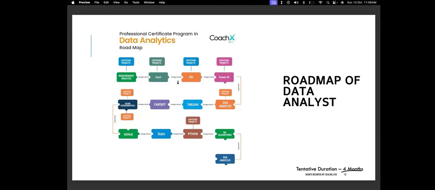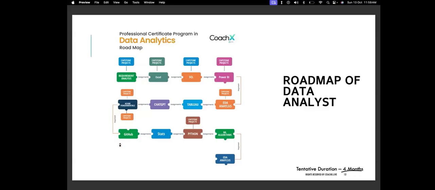Then we have Excel, advanced Excel with one project, SQL with one project, Power BI with one project. This is exploratory data analysis, where you will need to explore a lot of data. Tableau, ChatGPT, Azure. Azure is the cloud that you should know. GitHub, stats, Python, machine learning algorithms, and exploratory data analysis.